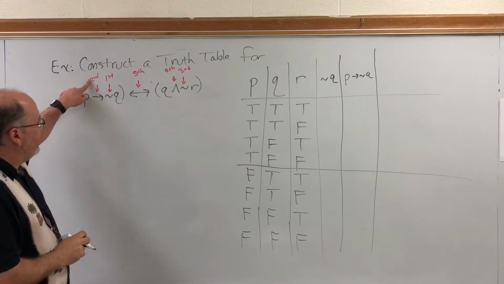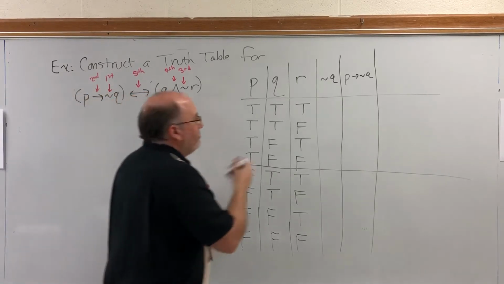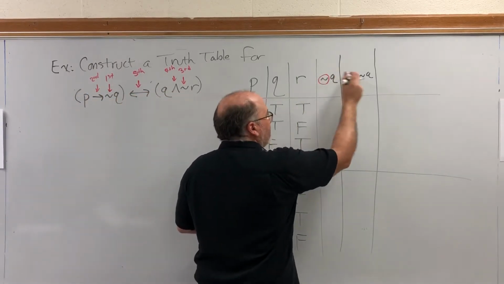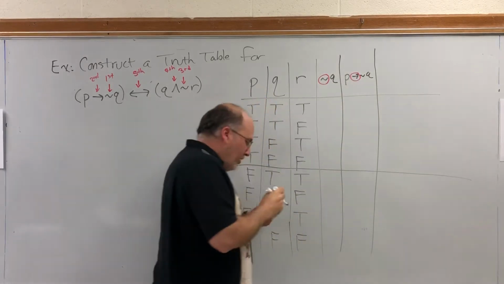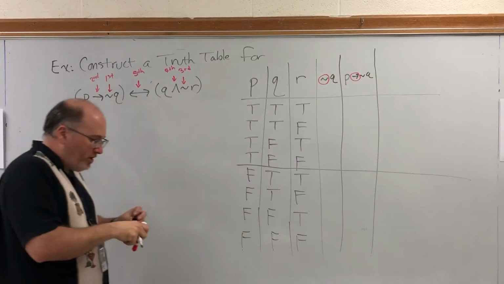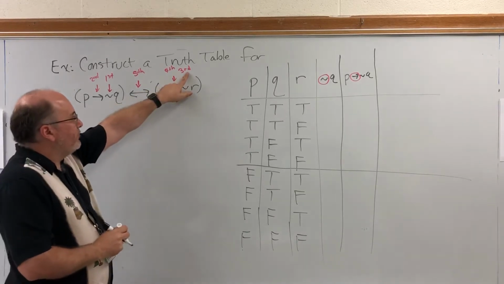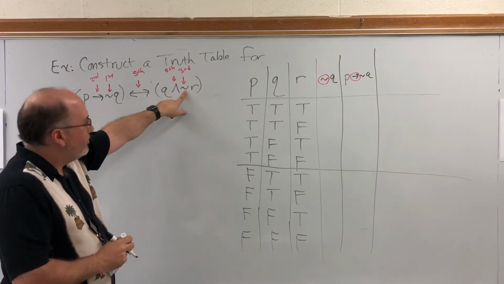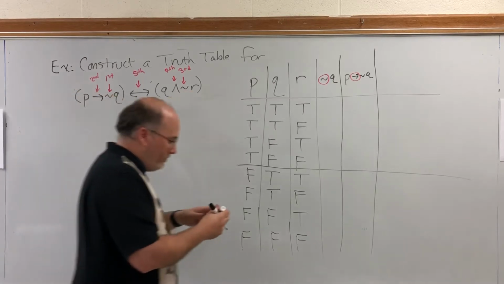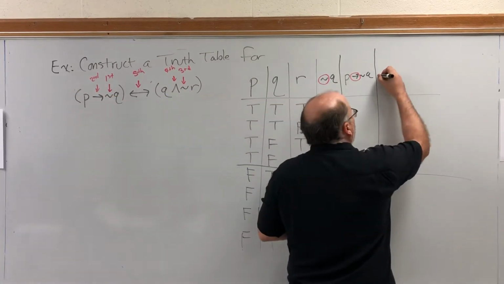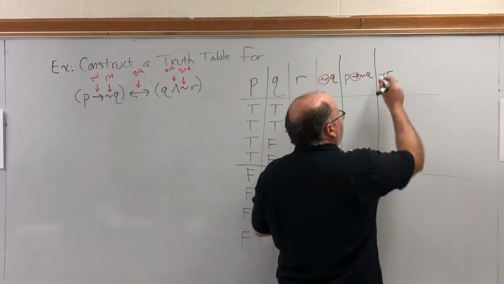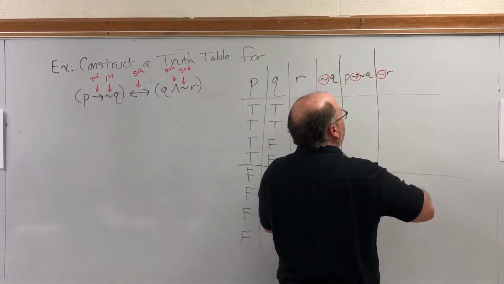That was second. While I'm at it, I want to circle the connectives that we're using to build each column. That will help us focus when it comes to determining the rules that we need to use. The third connective we're building a column for is the negation. To the right of that is the R. So negation R will be the next column, so we will use the rule for negation.